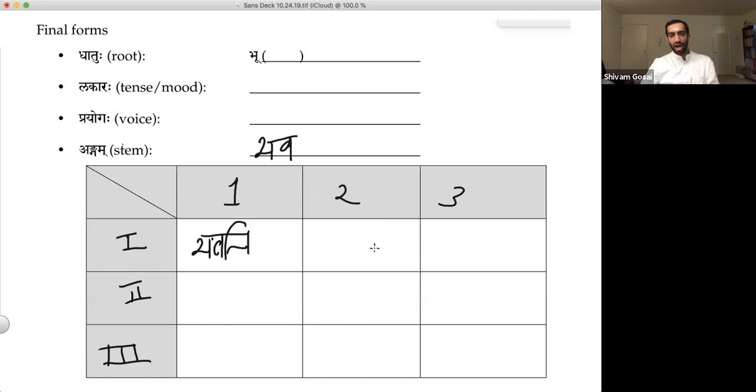So I can say Ramaha bhavati. Because I'm talking about someone else, namely Rama, and there's only one of him. Now there's 2 Ramas. So Ramau bhavataha. So do you see what I'm doing? I'm adding this anga and I'm literally just combining it with the pratyayas we just saw.